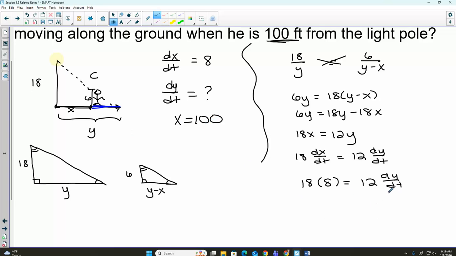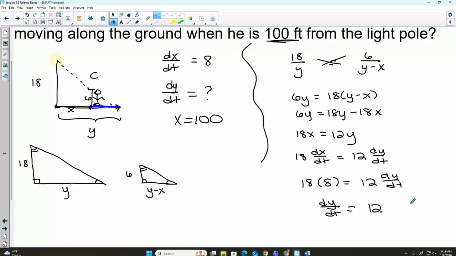There's no way to use it. So if I divide over my 12, 18 times 8 is 144 divided by 12 is 12.